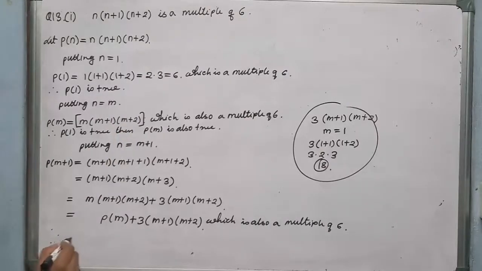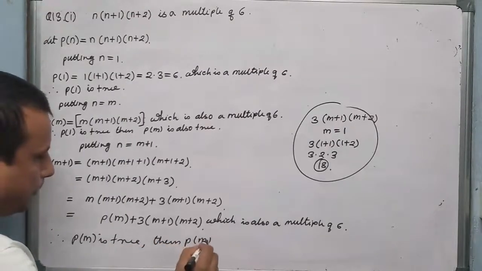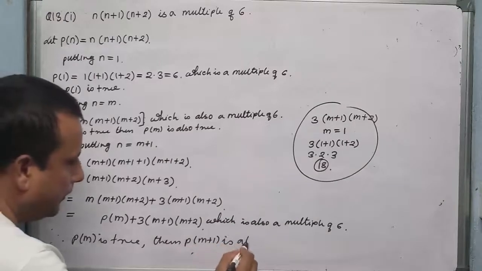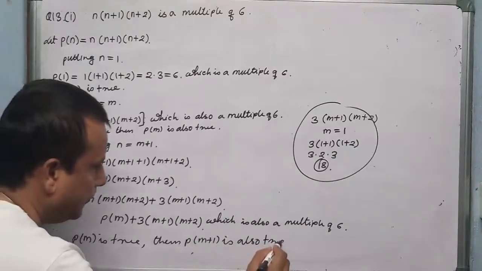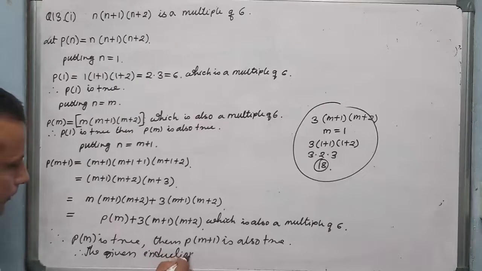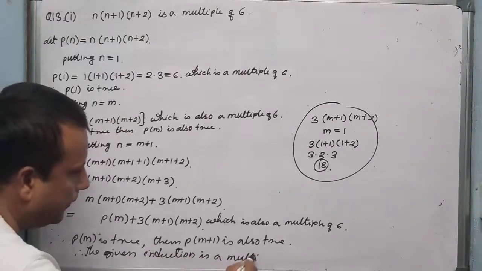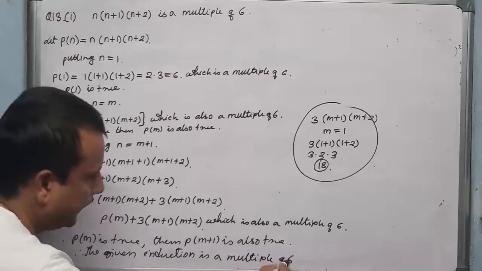Then the conclusion: therefore, Pm is true, then Pm plus 1 is also true. Therefore, the given expression is a multiple of 6. This is proved.